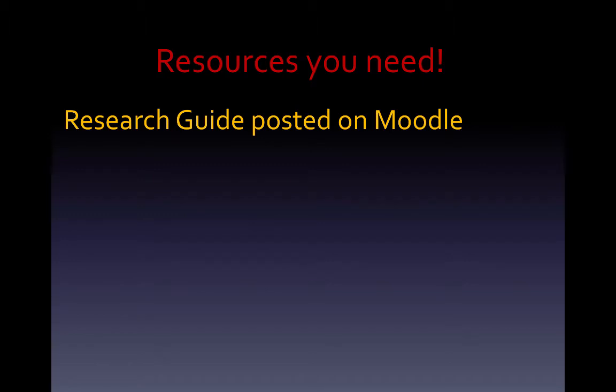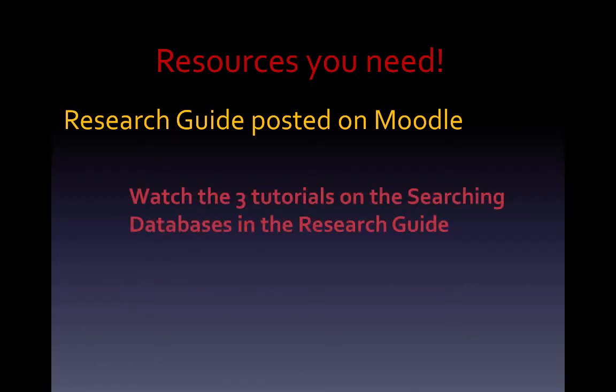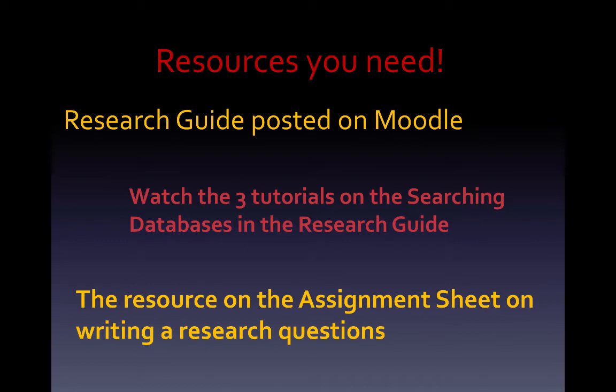In the research guide, you need to watch the 3 tutorials on searching databases, and you need to read the resource in your assignment sheet on writing a research question, another resource also posted in Moodle. There's a link for you to follow. All of these resources work together to help you master the 4 goals of this presentation so that you can complete the assignment successfully and become a proficient researcher.